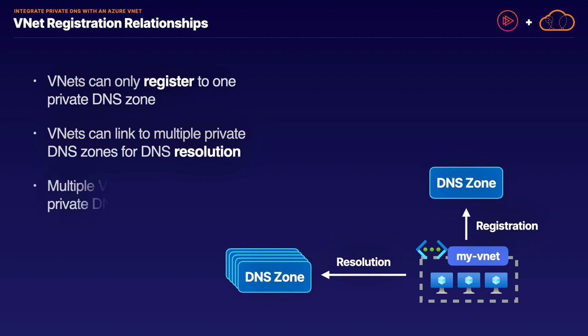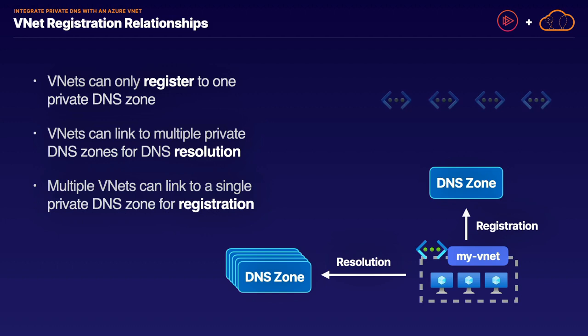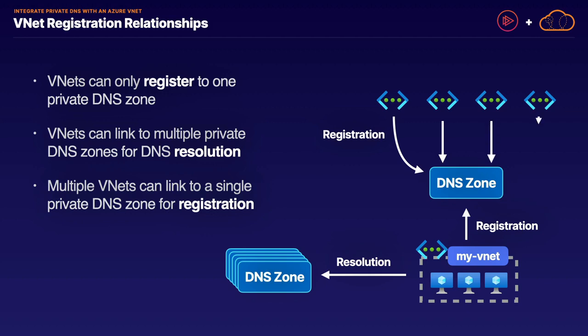And finally, keep in mind we can flip around this relationship in which a single private DNS zone can have multiple individual virtual networks registered to that zone as well. So again, just to summarize, a single virtual network can only register to a single private DNS zone. However, a private DNS zone can have multiple other individual virtual networks linked to that zone as well.